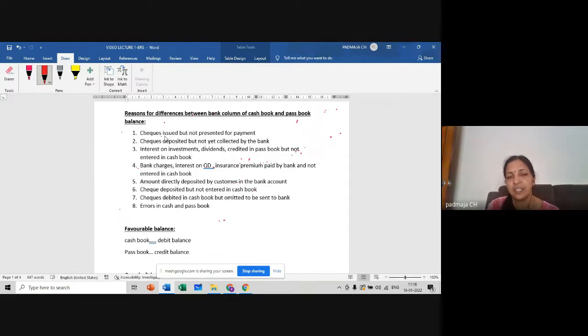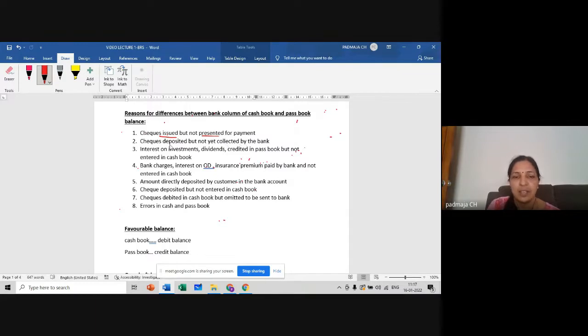He has to present it for payment. Only then it will be recorded in the passbook. But as soon as the check is issued, we record it in the cash book. So check issued but not presented means it is recorded in the cash book but not recorded in the passbook. So there exists a difference between the bank column of the cash book and the passbook balance.